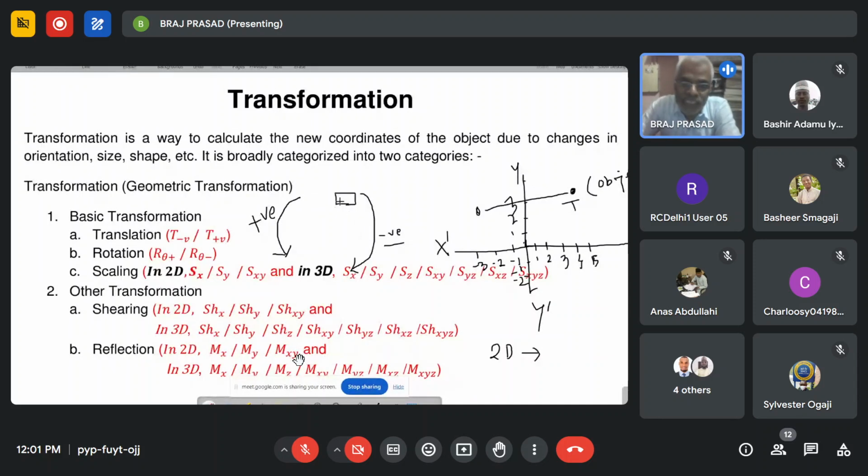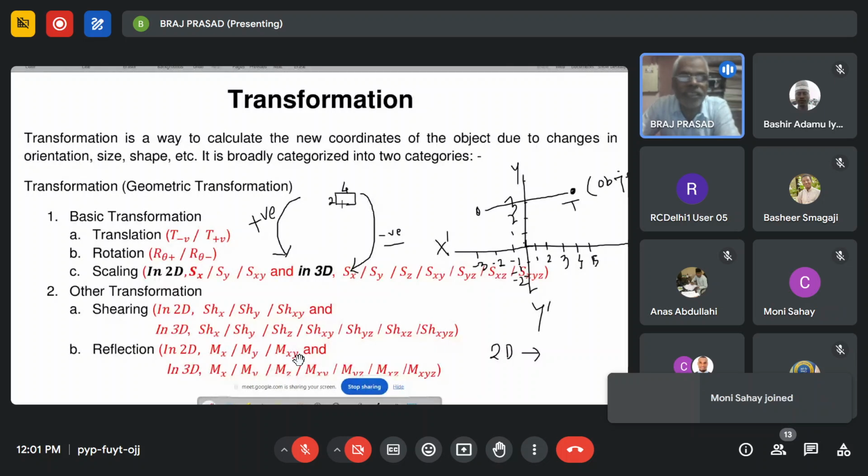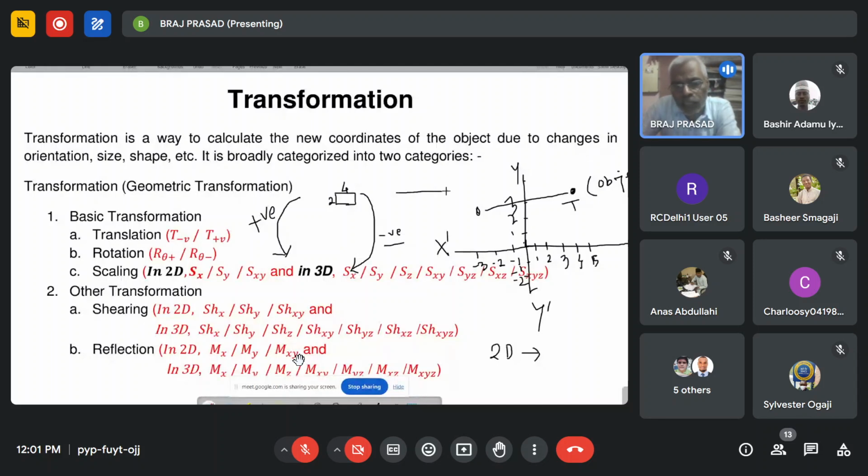But if we resize this object in the x direction only, suppose the length of this object is 4 and the width of this object is 2, and we want to increase the size in length only, not in width. If we double its length, then this object will look like this.